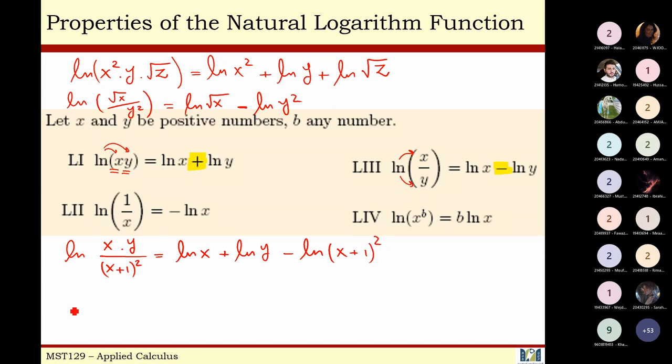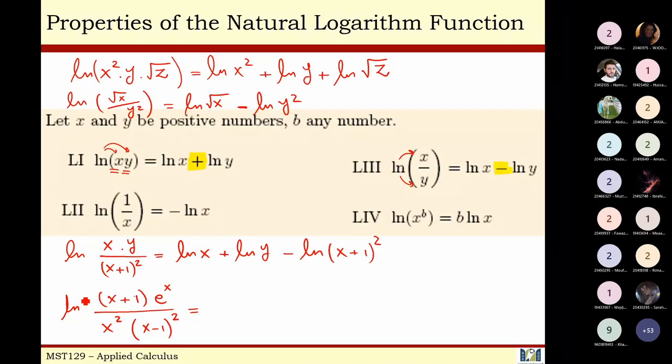Another example, if we have ln of x plus 1 multiplied by e to the power x over x square multiplied by x minus 1 to the power 2, we can distribute the ln on numerator and denominator. If we distribute the ln on the numerator, put plus plus plus. If we distribute the ln on the denominator, put minus ln, like this.